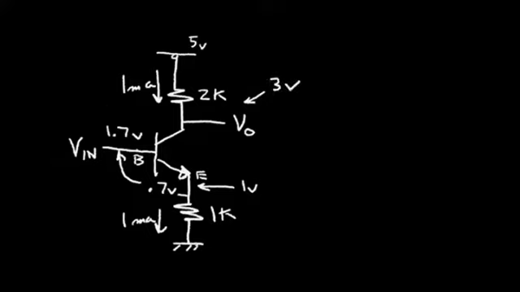So what happens if I change the input voltage? Instead of 1.7, let's say I set it at 1.8 volts. So I go up 100 millivolts, or 1/10 of a volt, and I produce more current in this emitter. Now my current is 1.1 milliamp. And that current is essentially going to all flow in the collector.